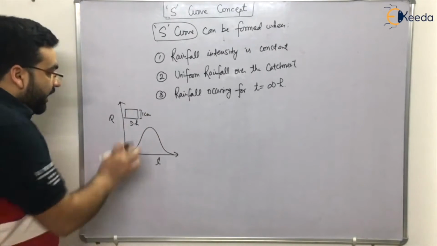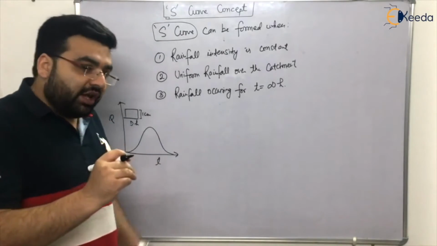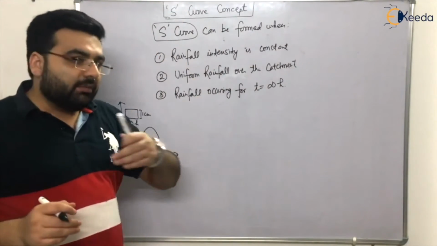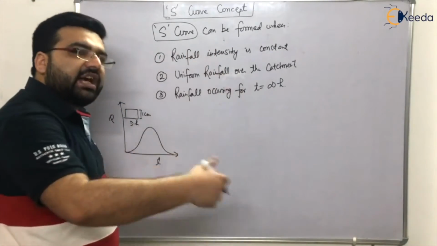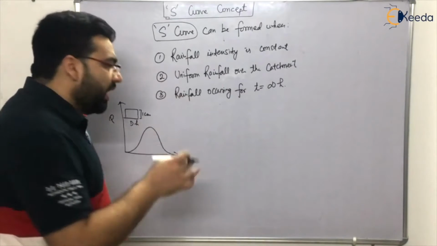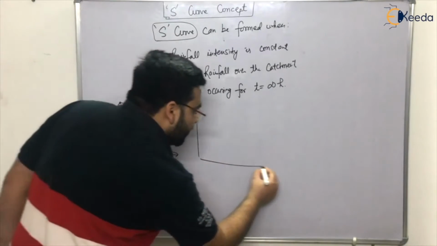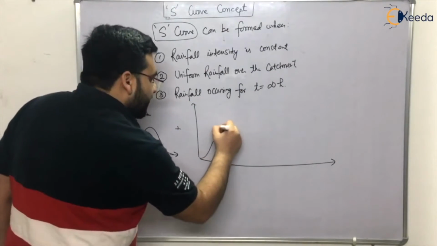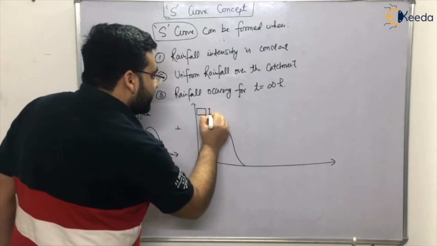Now, again I am repeating, if this rainfall is occurring for a period of T equals infinite, for a lot of time intervals, then for 5 hours, for 6 hours, for 7 hours, or for an infinite number of hours, I will be adding a lot of unit hydrographs. So this was the unit hydrograph for this D_R duration, for 1 centimeter.